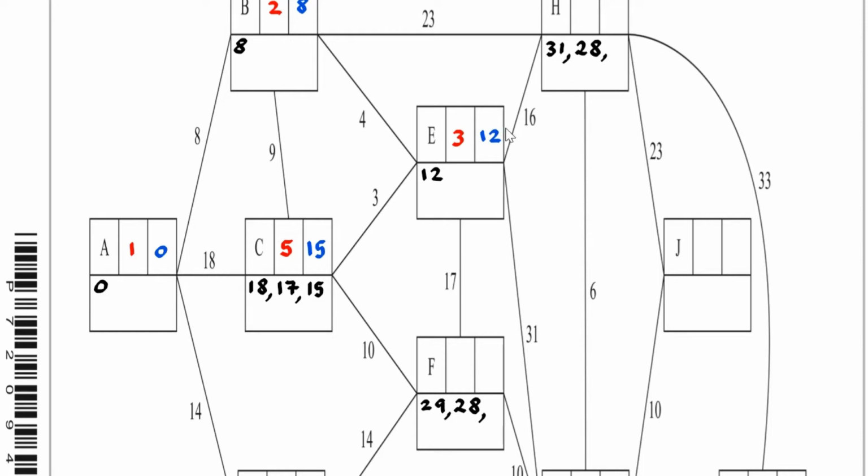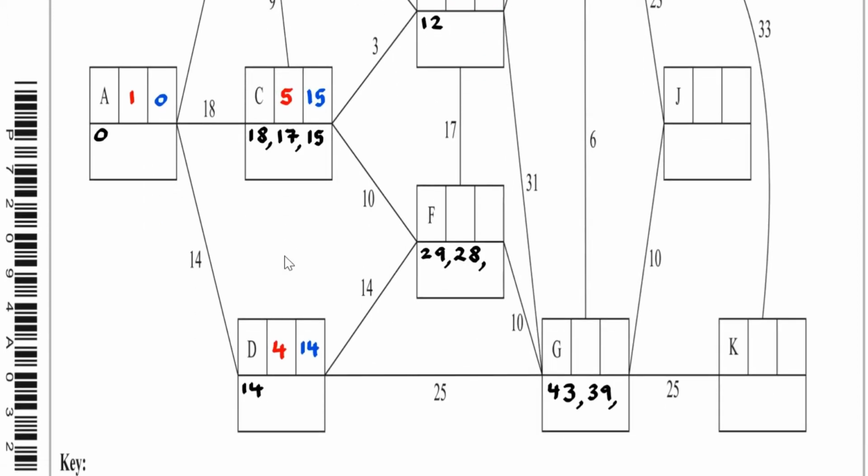So now let's take a look at what comes off C. Well, here we would have 15 plus 10, which is equal to 25.